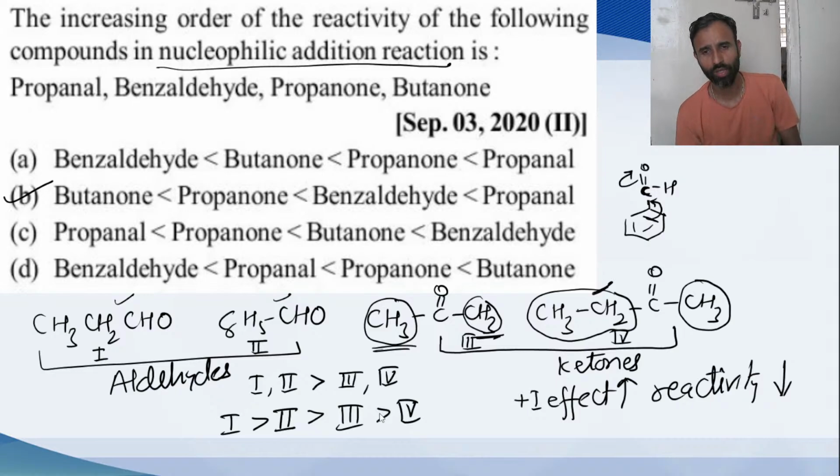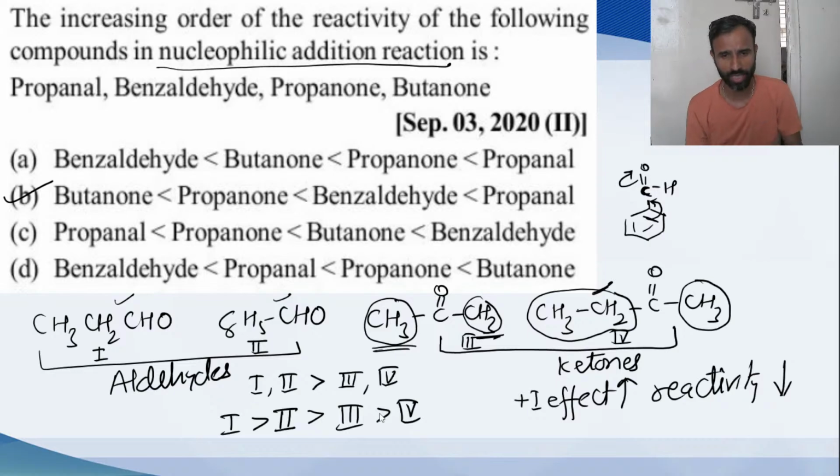Then come to propanone and butanone. In propanone, on both sides there are methyl groups, and in butanone there is one ethyl and the other methyl. The plus I effect of ethyl is more than methyl, and that's why butanone is less reactive than propanone.